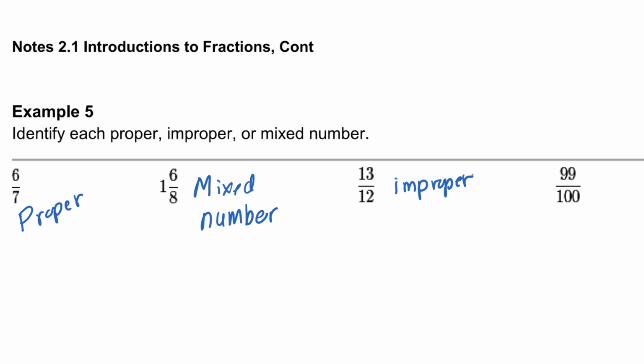And the last one, we have 99 over 100, not quite 100. This is considered a proper fraction.